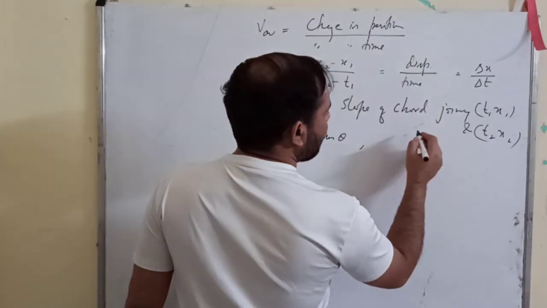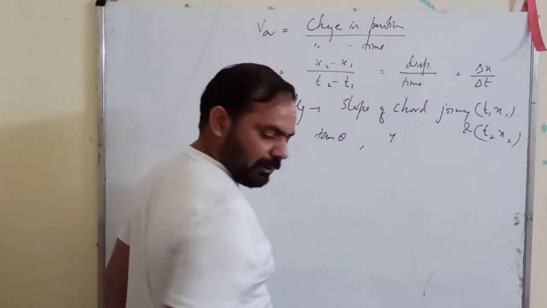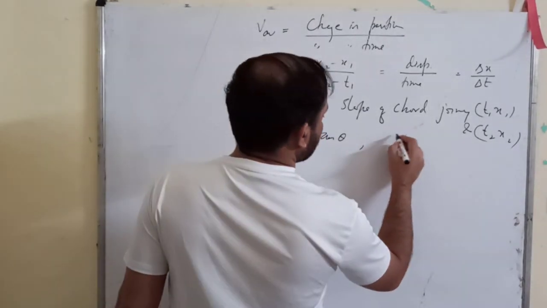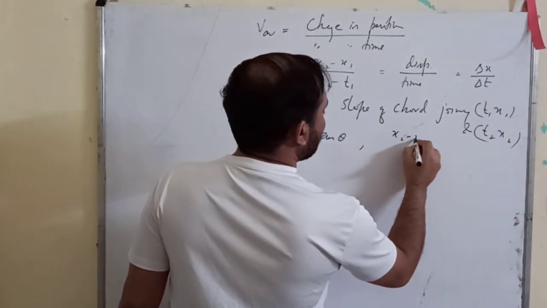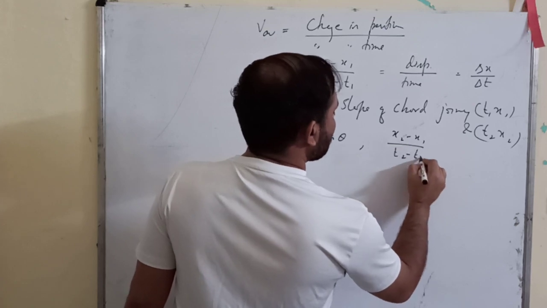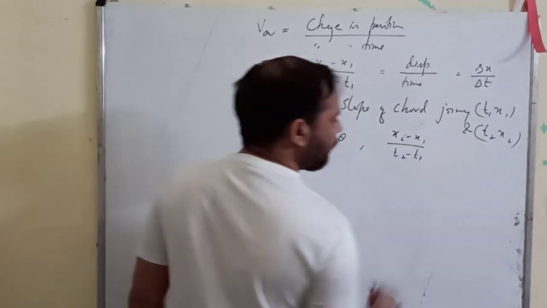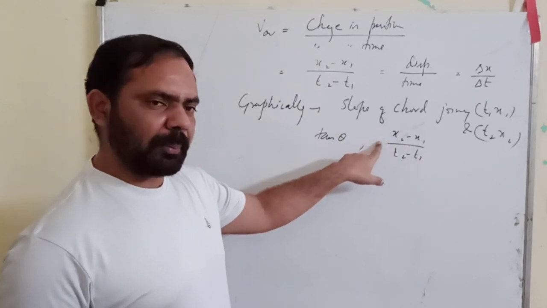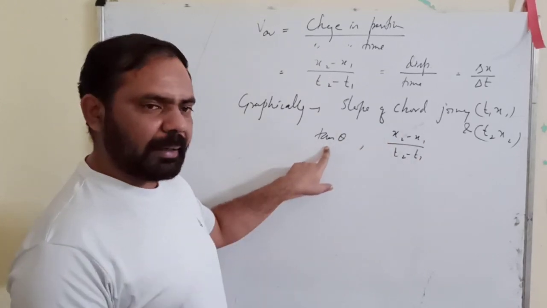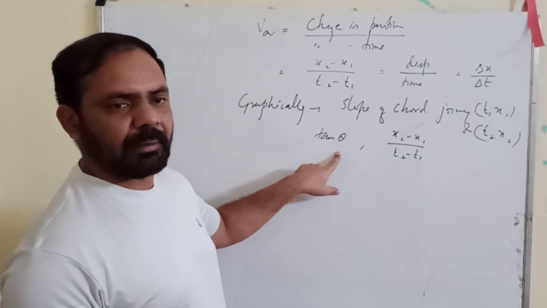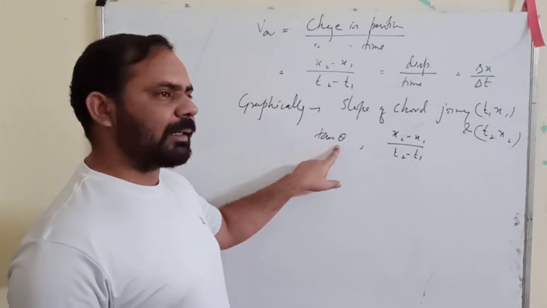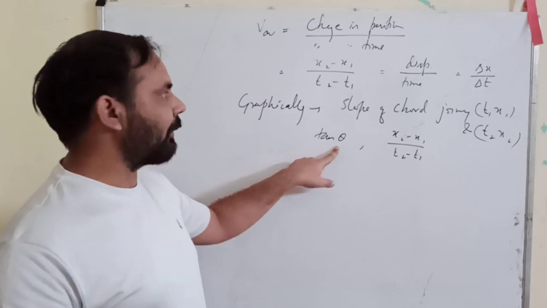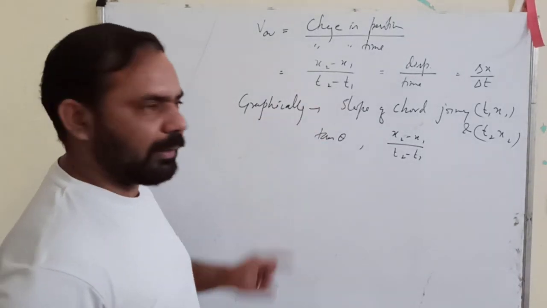Or you can use the two-point form, x2 minus x1 upon t2 minus t1. If you have the two points, this is nothing but the slope. Or if you are given the angle, then you can find the tangent of the angle. Remember that theta is the angle made by the chord with the positive direction of the time axis. Okay, this is the graphical method.